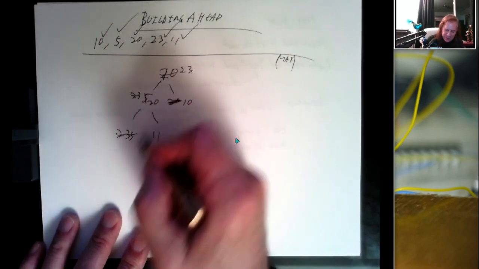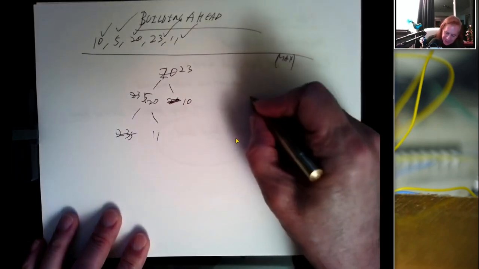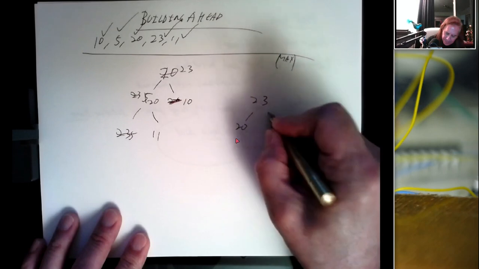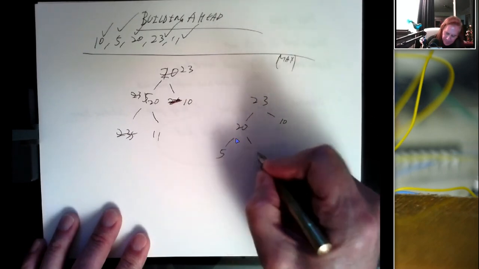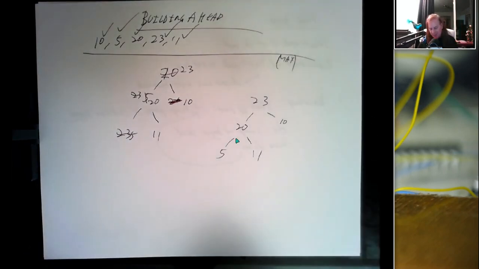Its parent 20 satisfies the max heap property. So our heap looks like this. Perfectly valid max heap. And since inserting each of these is order log n, it's nominally n log n operations to build a heap, and then log n to remove or to add new things.